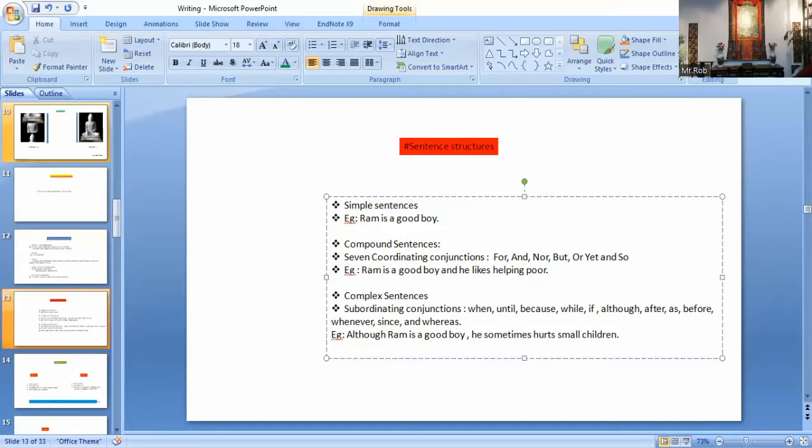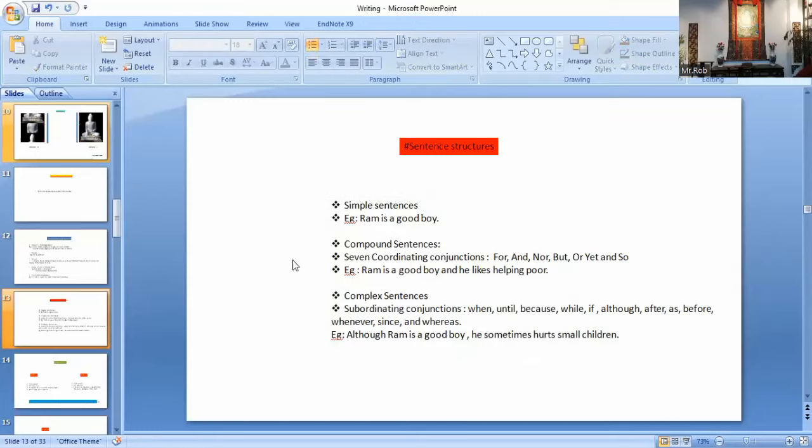So you see here, although Ram is a good boy is a dependent clause, and its meaning is dependent upon the other independent clause, he sometimes hurts small children. In this way, we form different types of sentences like simple, compound, and complex.